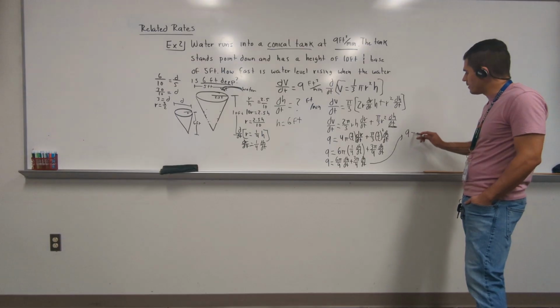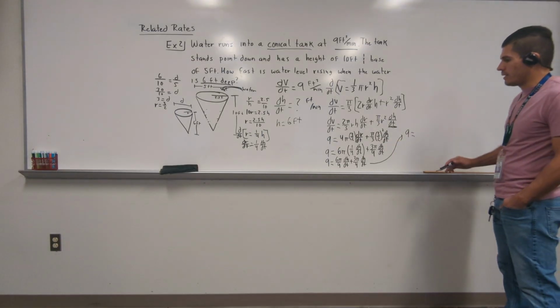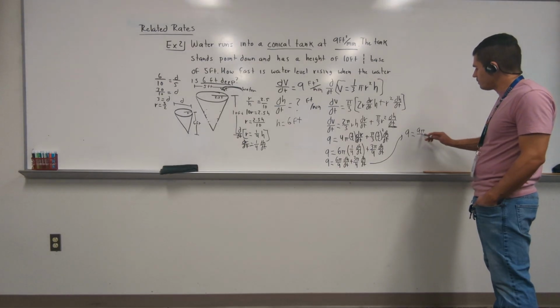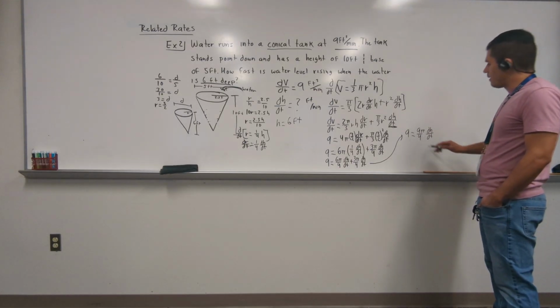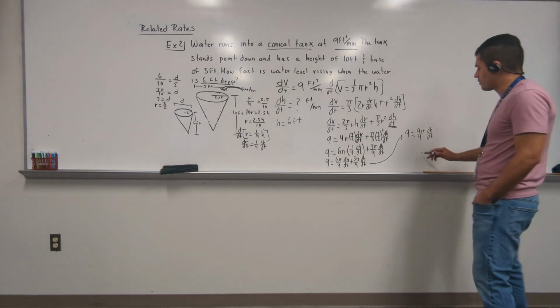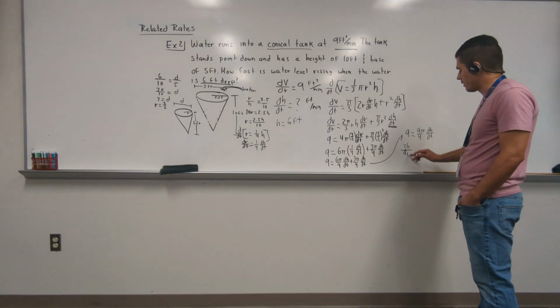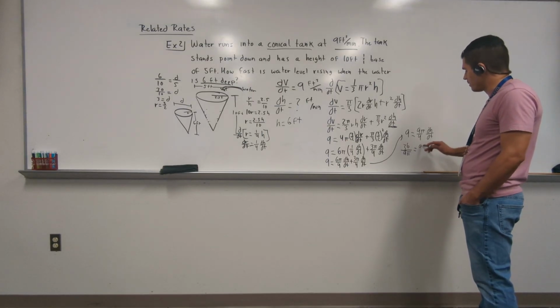That gives me 9 is equal to 6 plus 3, which is 9 pi over 4 dh/dt. I'm going to multiply by 4, so 9 times 4 is 36. Divide by 9 pi, and that'll be 4/pi is equal to dh/dt.